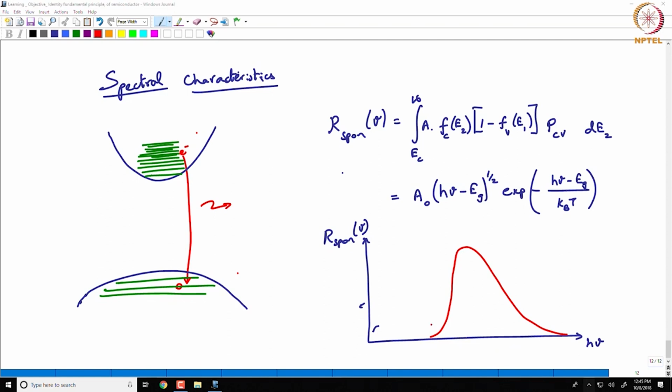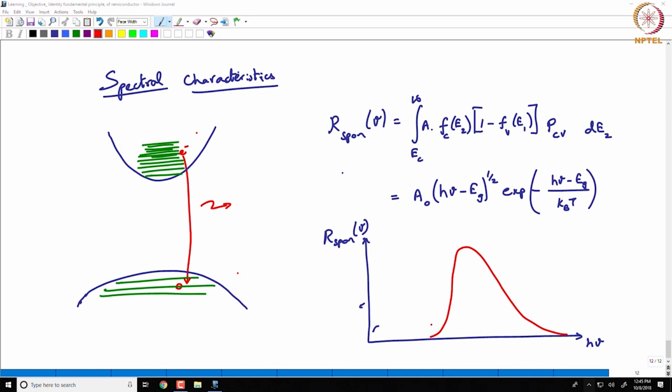you have near the band edge. So, you can say that the emission is going to be happening at a minimum energy corresponding to the band gap energy, right.